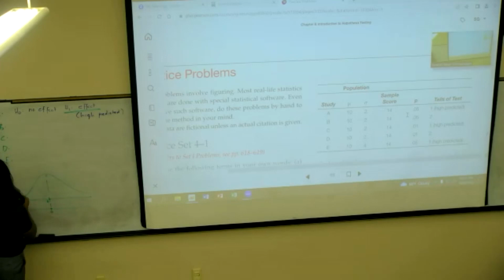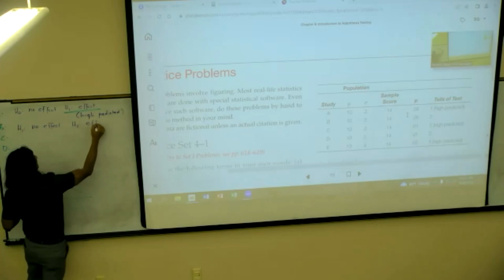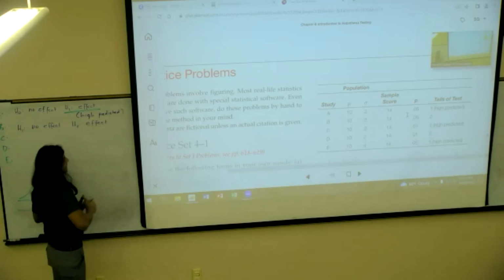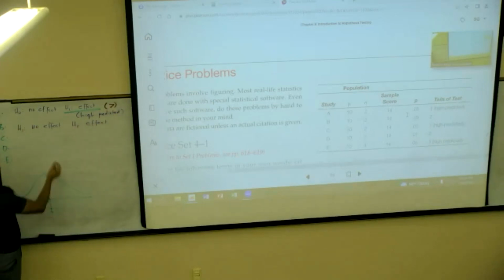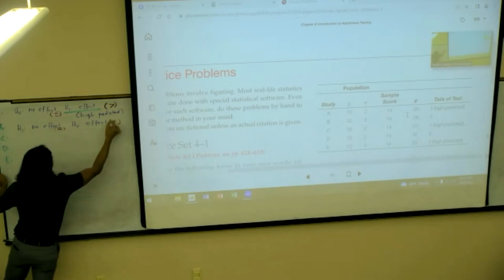So, null: no effect. Alternative: there is an effect, a statistically significant effect. Previous case, high is predicted. Mathematical notation, it should be greater than. Over here, less than or equal to. As Riley mentioned, for study B, it will be equal to that. Not equal to.